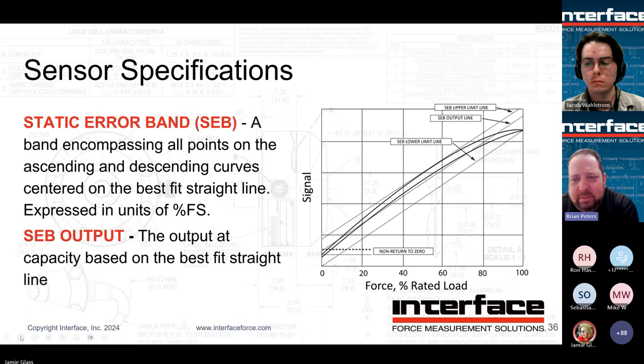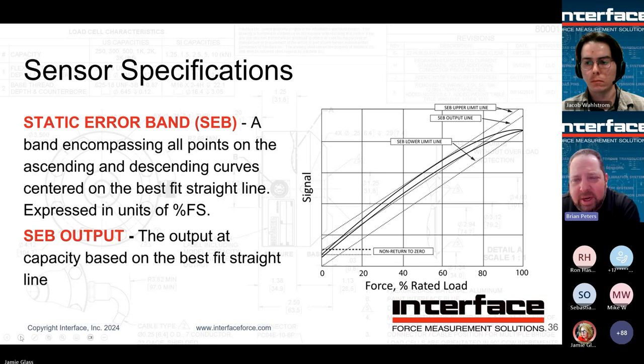Now, if you want to try to summarize a sensor's performance, SEB is typically the best way to look at it, and it's a static error band. So it's looking at what is the deviation from a best fit straight line, both for the nonlinearity and also for the hysteresis, as well as capturing the non-return to 0.